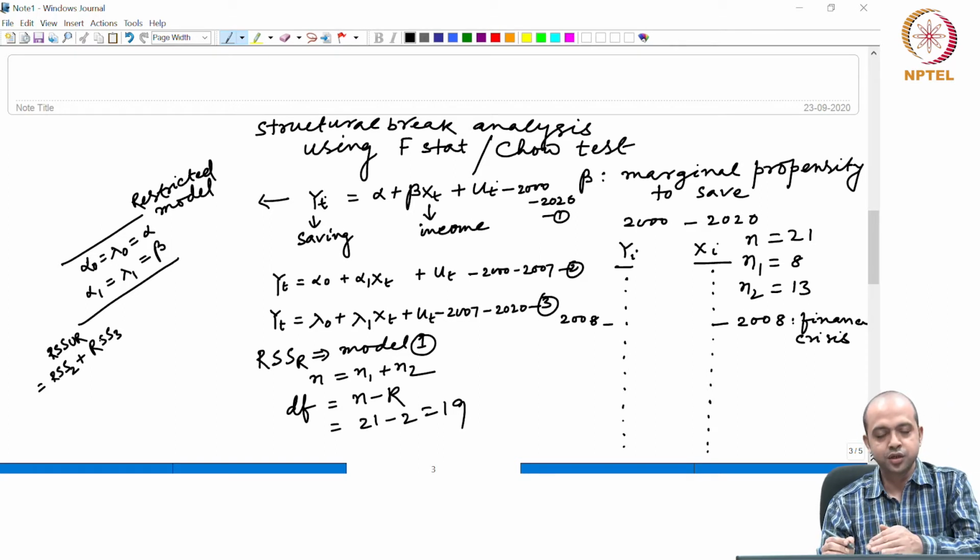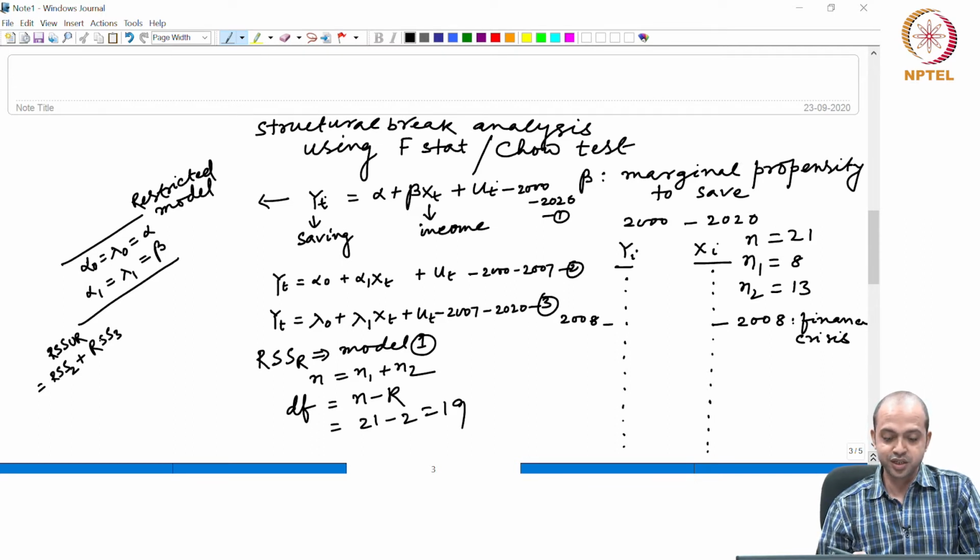We are assuming these two samples are independent of each other, as a result of which these two RSS are independent of each other. So that means if you say this is UT1 and this is UT2, UT1 and UT2 are independent.